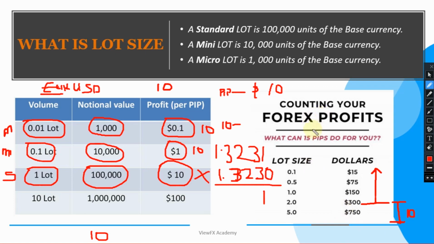So here is a brief table of what you can do with 15 pips. From these explanations here, this lot size falls under this category, which is a mini lot size. If you move 15 pips on mini lot size, it's going to give you $15.